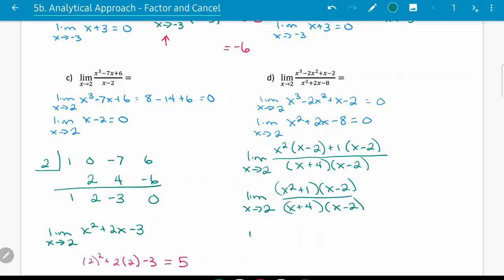The x minus 2 terms cancel. Limit as x approaches 2 of x squared plus 1 over x plus 4. And now I can return to direct substitution. And so I have 2 squared plus 1 over 2 plus 4 gives me 5 over 6.